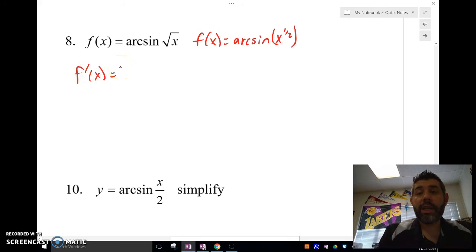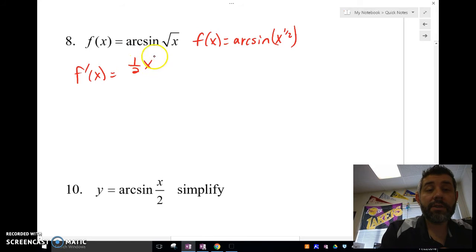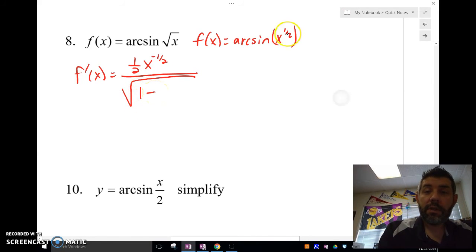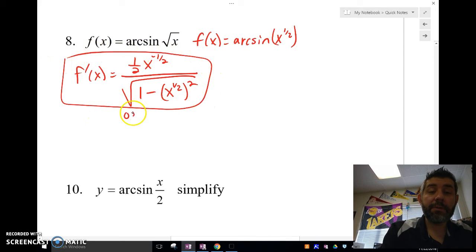This is a chain rule one again, so we have to do the derivative of x to the 1/2, which is 1/2 x to the negative 1/2, all over, now this is arc sine, so it's the square root of 1 minus the inside squared, x to the 1/2 squared. You can leave your answer like this, or if you want to simplify it, it becomes 1 over 2 root x times the square root of 1 minus x.